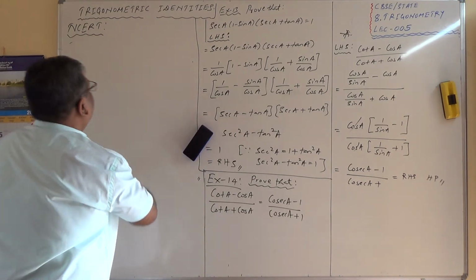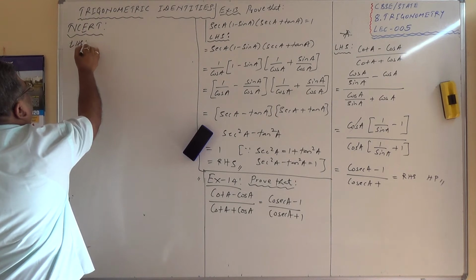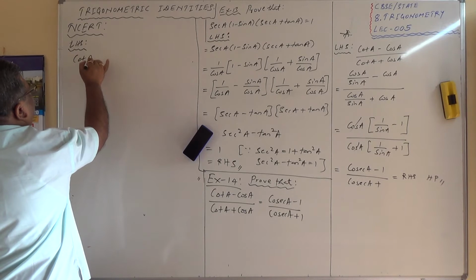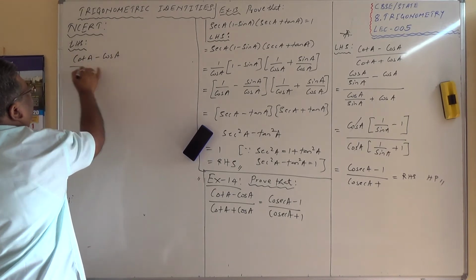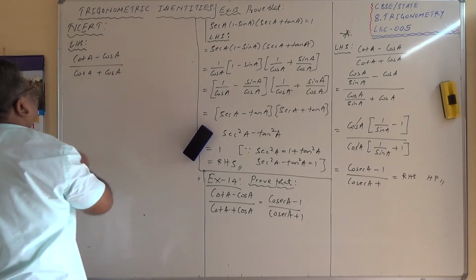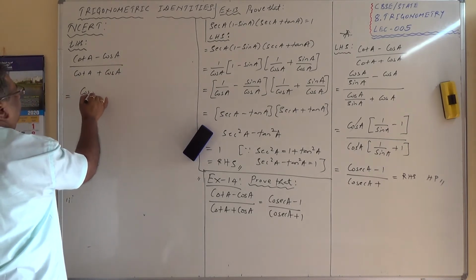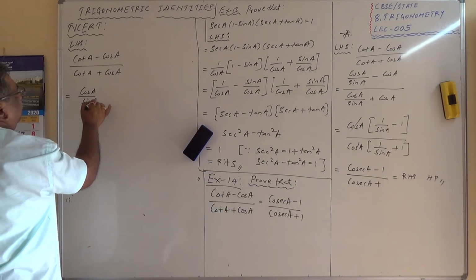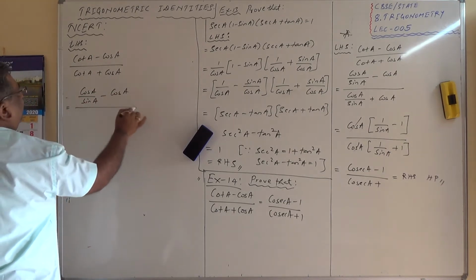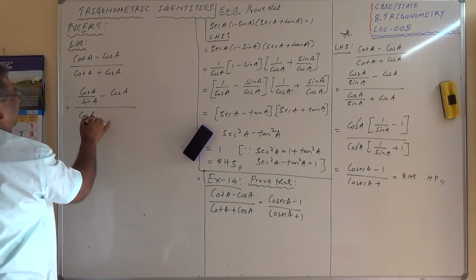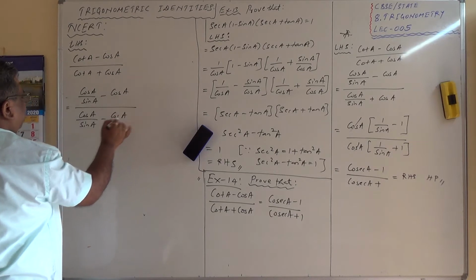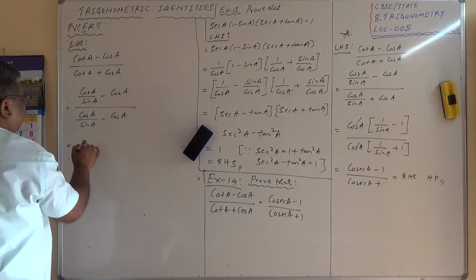LHS: cot A minus cos A divided by cot A plus cos A equals cos A by sin A minus cos A, the whole divided by cos A by sin A plus cos A, which equals, take LCM.